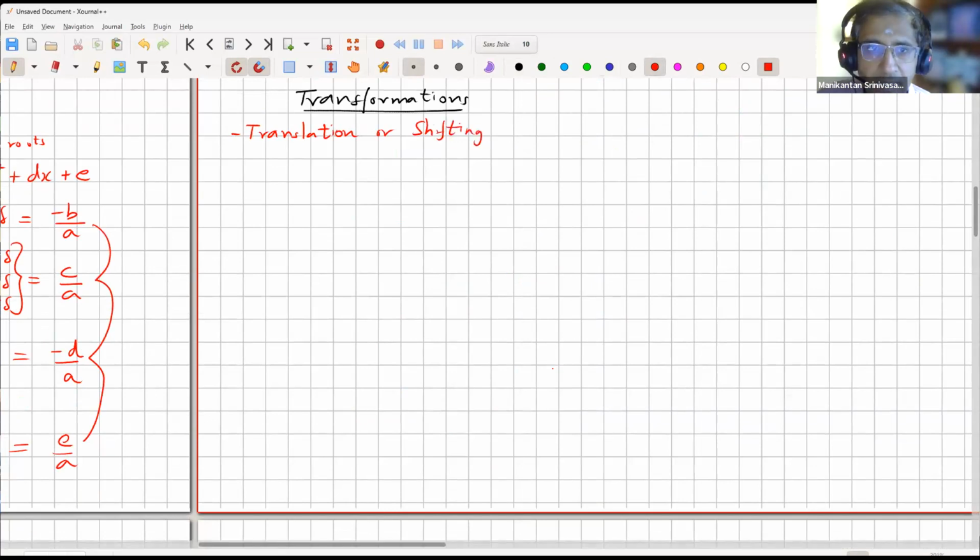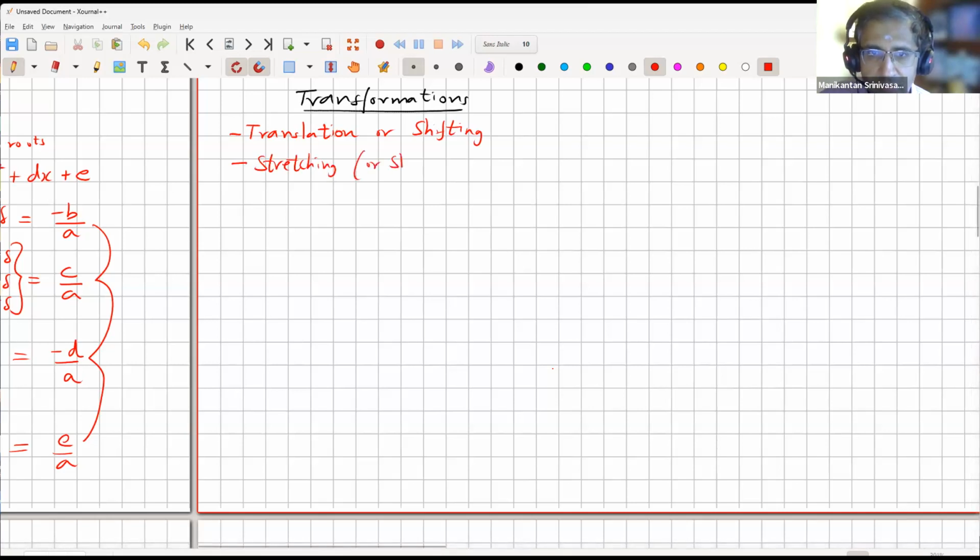And then there is stretching or shrinking, with an I. And then lastly, there's reflection. So we'll look at each of them.